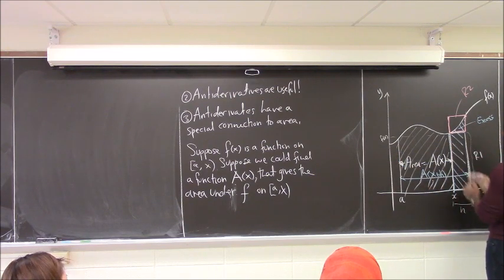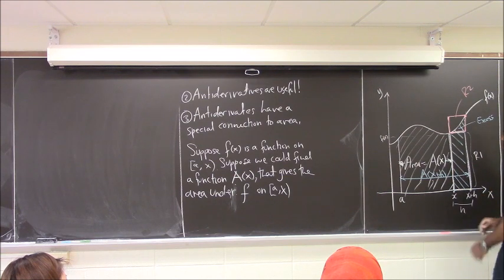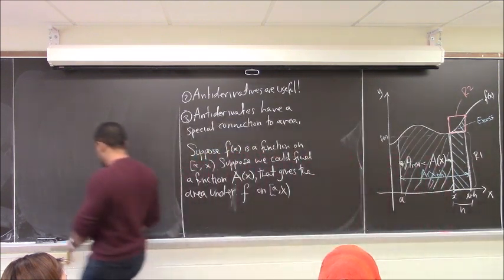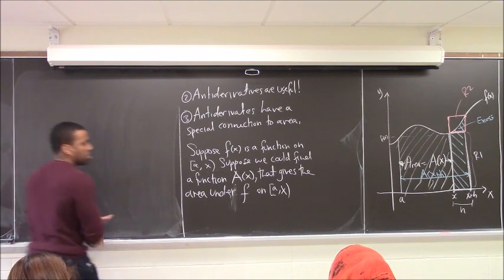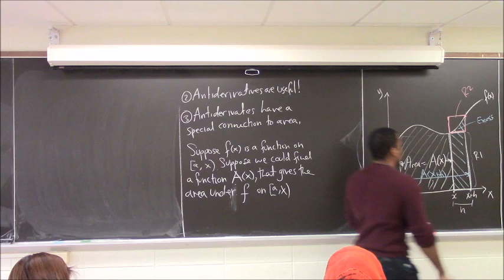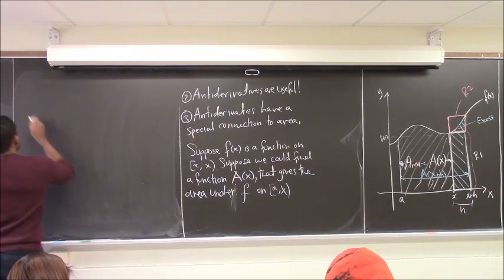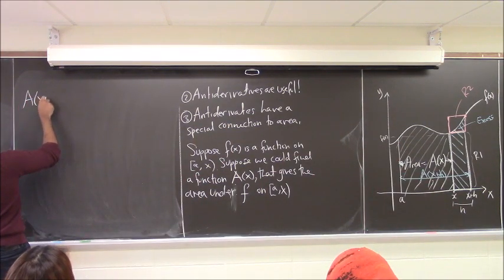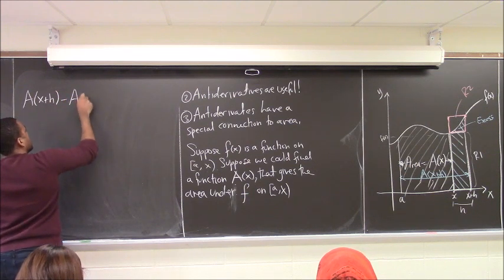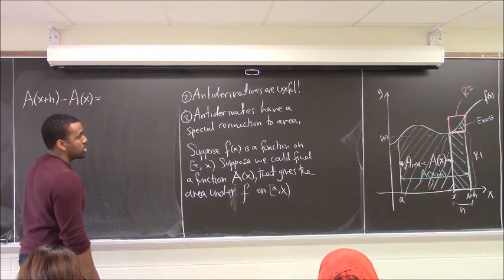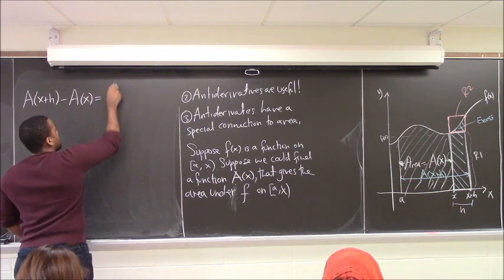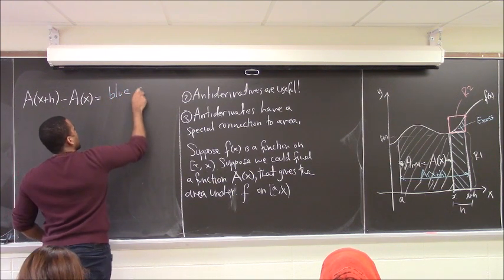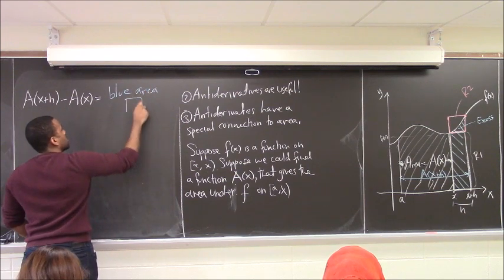Maybe I'm interested in this extra little piece that I get by extending the x a little bit. Here you realize that if I take the area function evaluated at x plus h and subtract the area function evaluated at x, that is going to give me the blue area. It's going to give me this guy.